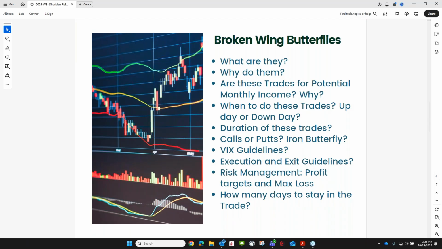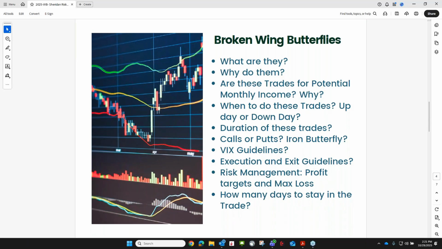Again, you can do these. I'm going to combine this with VIX guidelines. I'm looking at the VIX. If VIX starts getting 18 or higher, and we get an up day, I would plant that balanced butterfly, which is the first slide that was shown there.